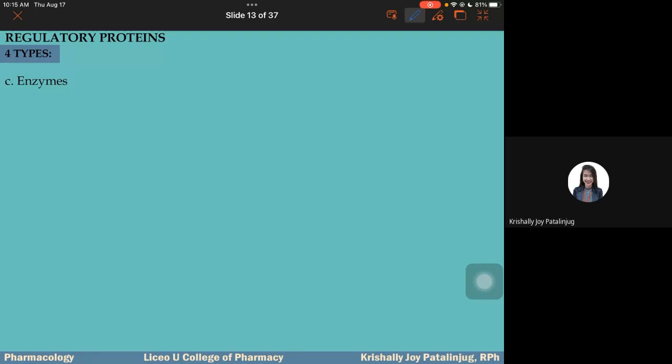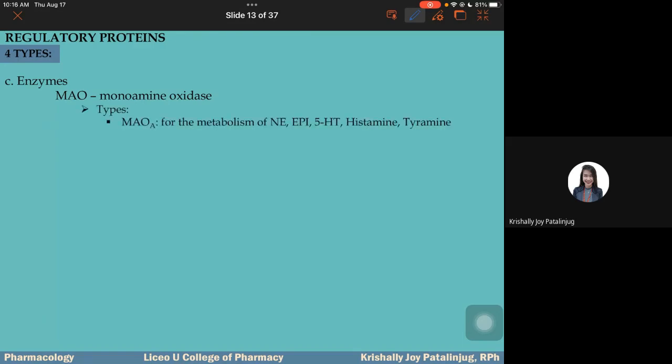For the next slide, it also tells us about an example of an enzyme, monoamine oxidase. You have encountered this when we discussed antidepressants na mention doon, monoamine oxidase. It's an enzyme and it has two subtypes, the MAO-A and the MAO-B.